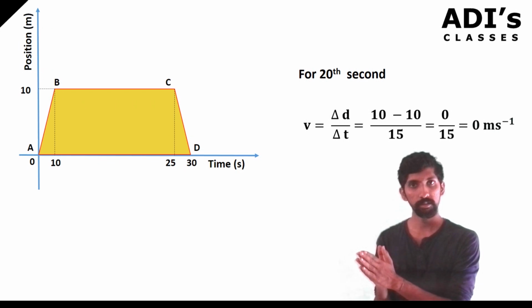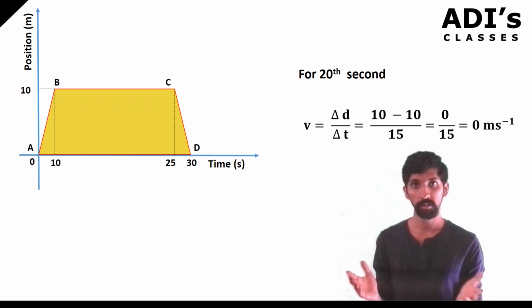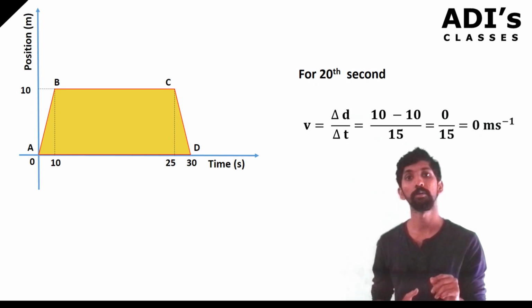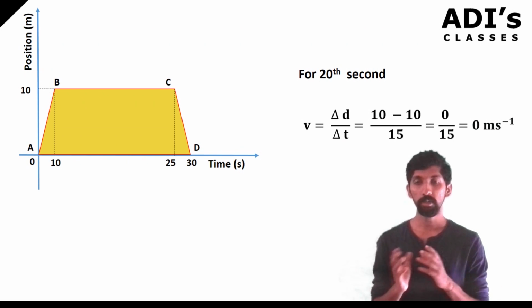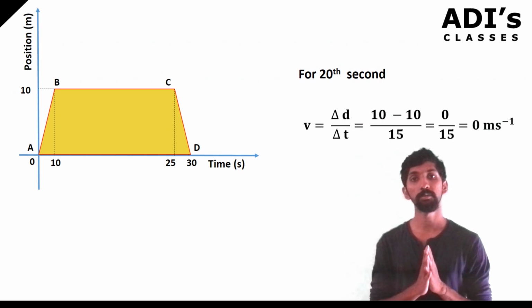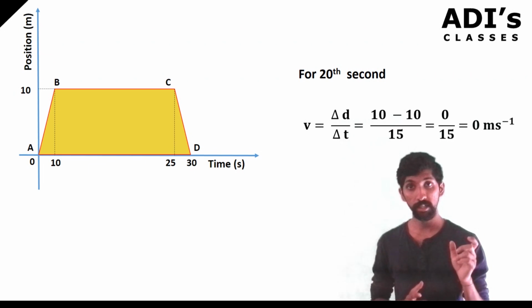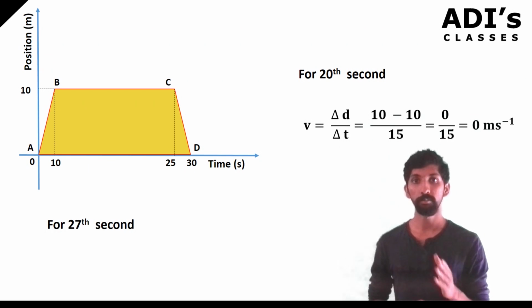I am staying at 10 meters and not moving at all, so from 10 to 10 the displacement is 0. So 0 divided by the time taken, which is 15, will be 0. So the velocity at 20th second will be 0 meters per second.